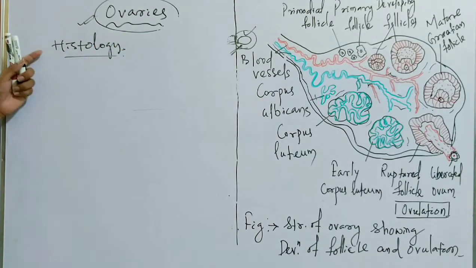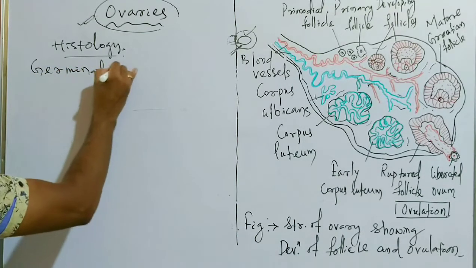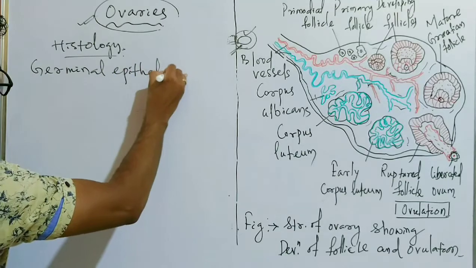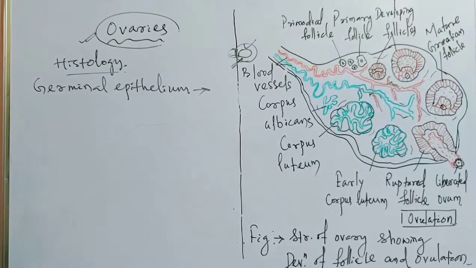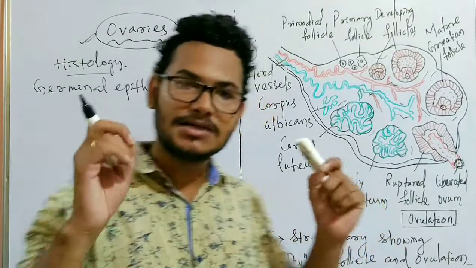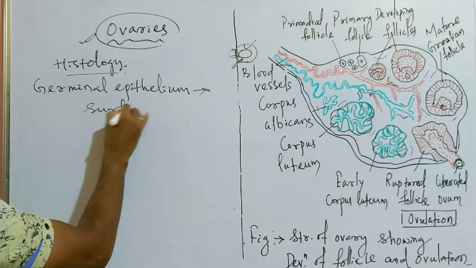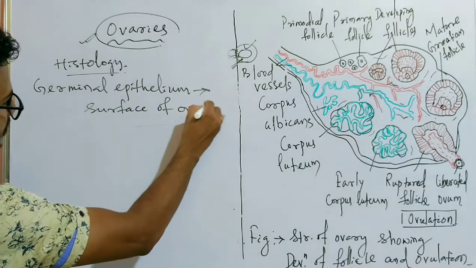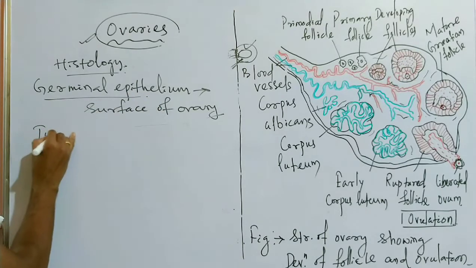In histology, first we will discuss the germinal epithelium, which is the lining of the surface of the ovary. It is the simple squamous epithelium that covers the outer surface of the ovary. So that is the germinal epithelium, and another term is the tunica albuginea.